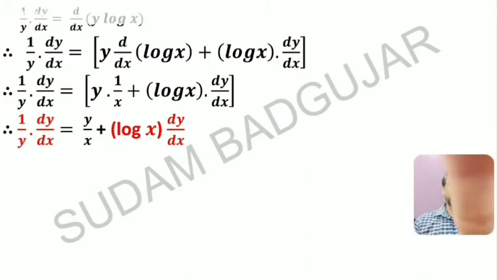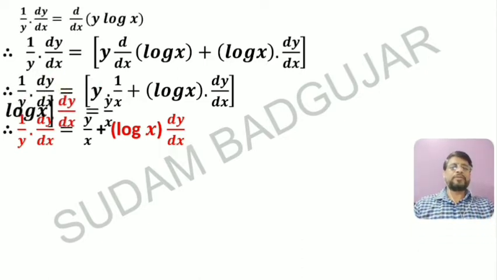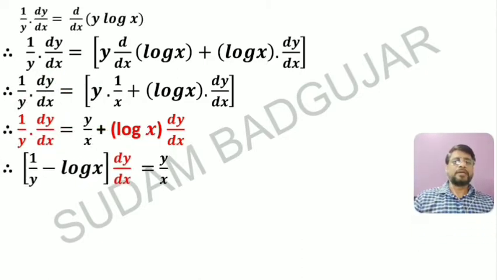Now this dy by dx term, transfer to the LHS side. It becomes negative. So the next step is 1 upon y into dy by dx minus log x into dy by dx. Taking dy by dx common, you will get (1 upon y minus log x) into dy by dx is equal to y upon x.